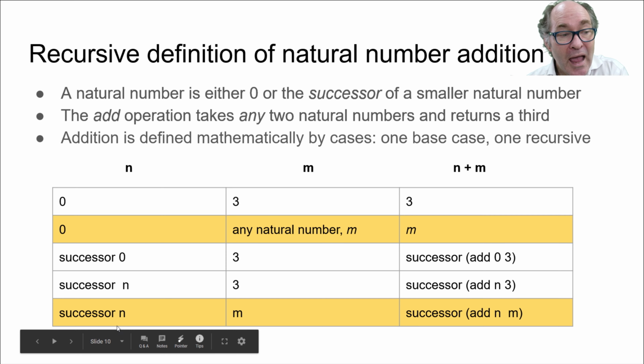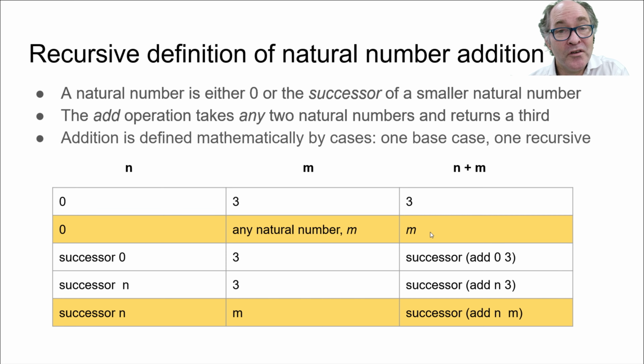And because n has to be finite, and the successor of n has to be finite, and every time we apply this definition, we take 1 away from n and put a successor in front of the result, eventually we're going to be adding 0 and m. And by the first rule, that will return just m.